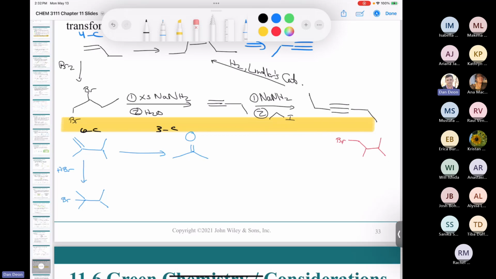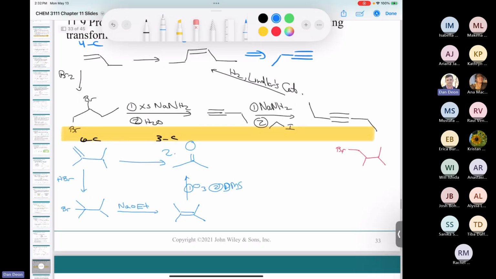But if we do a Markovnikov, then we can treat this with an unhindered base, like sodium methoxide, and that would give us this compound, and then we can just treat it with ozone and DMS. And we're going to actually double the quantity of product. We're going to get 2 moles of this for every 1 mole of the starting material. All right, so really clever synthesis, that one.